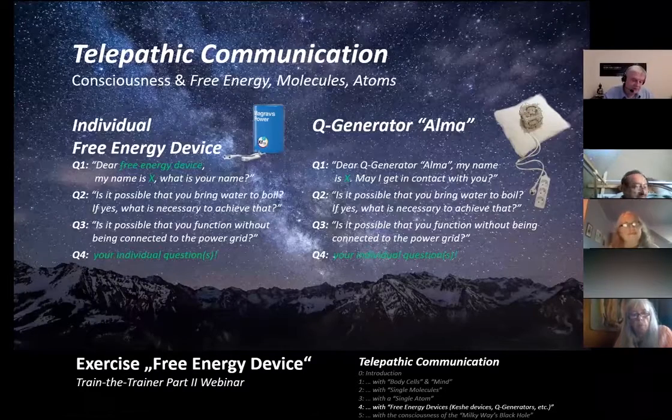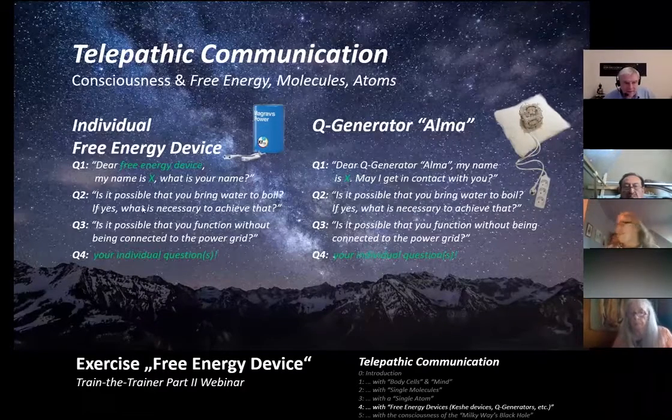So the person received the answer from the copper wire that it won't have impact because it will disappear during the building process. And exactly that happened during the building process. At the end, this black surface coating disappeared. So that is something telepathic communication you can use during the building process, even of a free energy device.